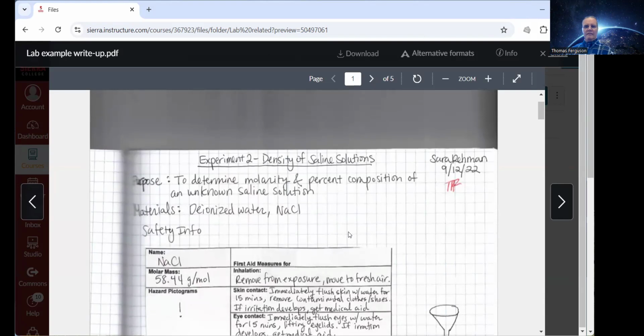This is not from this school, but it's also on density. So, you have the title, obviously. Purpose: why are we doing this lab? Because it's fun? What information are you going to gain from doing this lab?